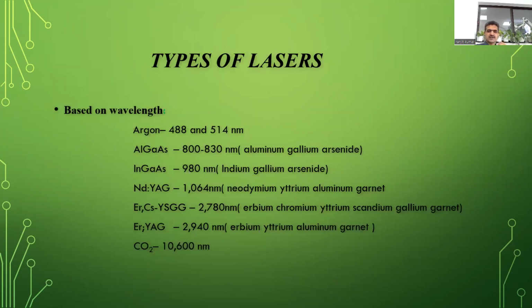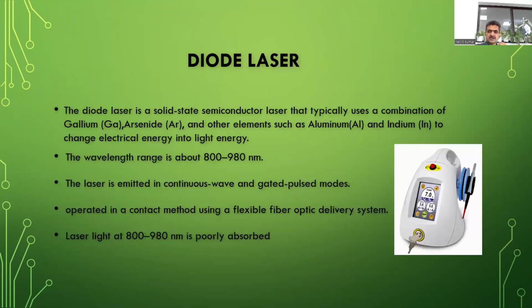So what are the types of lasers? Based on wavelength, we have argon, aluminum gallium arsenide, indium gallium arsenide, neodymium yttrium aluminum garnet, erbium chromium yttrium scandium gallium garnet, then you have erbium yttrium aluminum garnet and carbon dioxide. But in periodontics, we use a diode laser for soft tissue therapy.